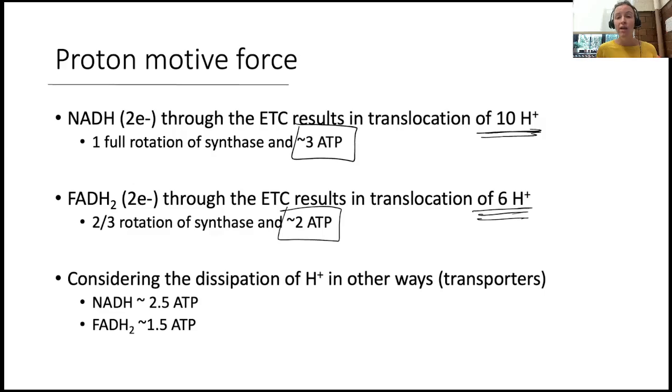There are a wide variety of other transporters that use the proton gradient to get other things into and out of the mitochondria. And so what this means is that in reality, only about 2.5 ATP are made per NADH and only about 1.5 ATP are made per FADH2.